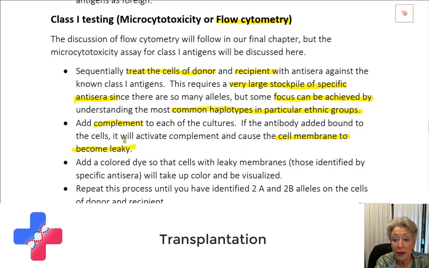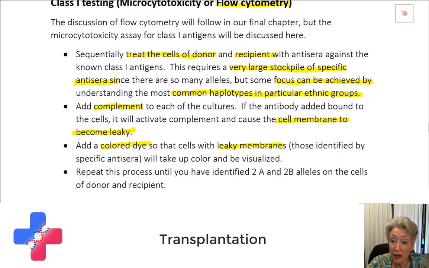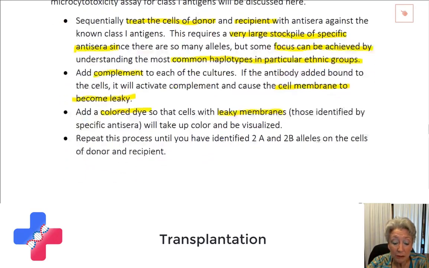So when I add a colored dye, it's taken up by the cells whose membranes have been induced to leak. And so I identify the color change in the cells as the ones that responded to the particular antisera. So I have to identify 2 A's and 2 B's on the cells of both donors and recipients, which is quite time-consuming and is the reason why we don't have the luxury of time when we're dealing with an acutely ill patient.